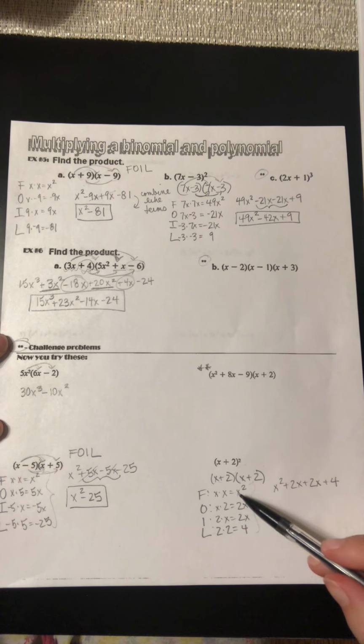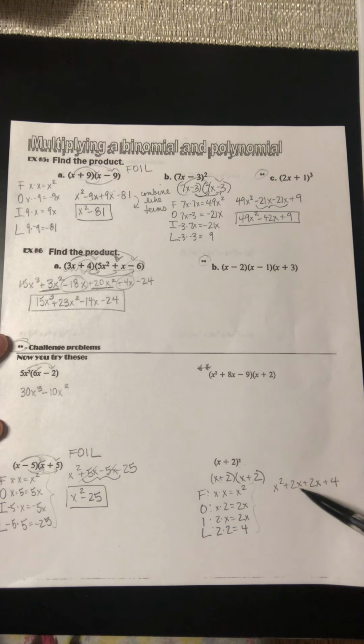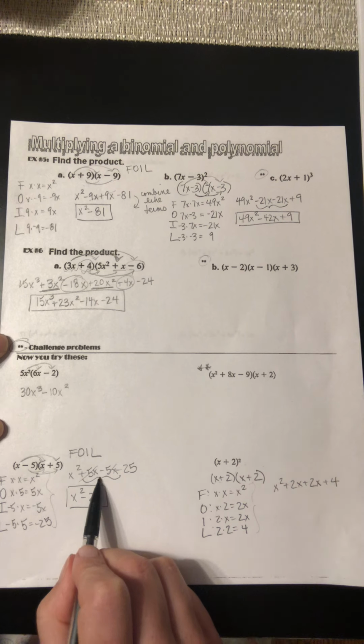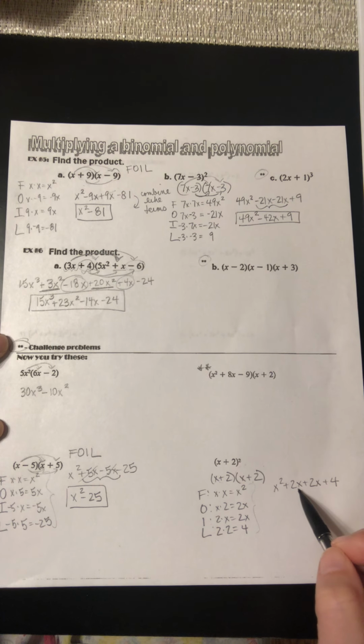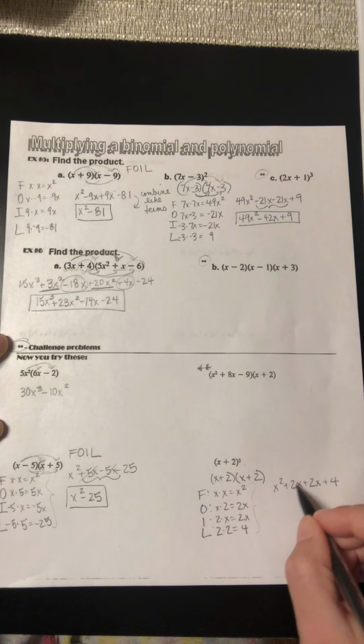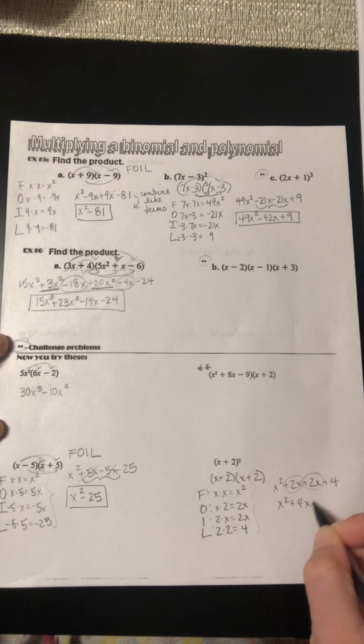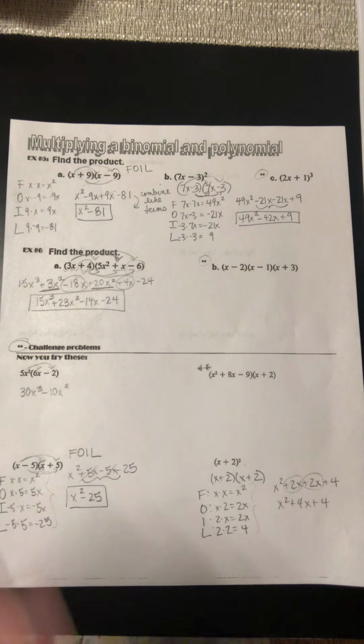Okay, if you don't see a sign, then they're all positive. Okay, so we're just going to add them all. And then here, these two don't cancel like they did in the previous example because they're both positive, right? So I'm just going to add these two. So I'm going to get x squared plus 4x plus 4. Okay.